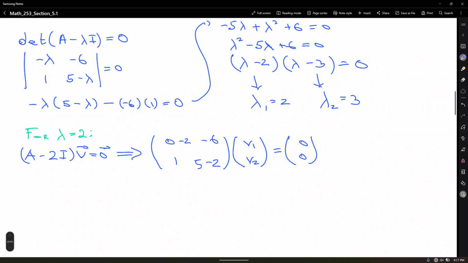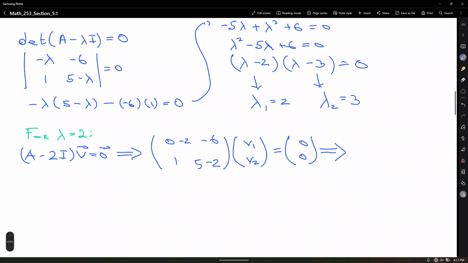Let me simplify this. Do you guys agree that this is really a system of equations in matrix form? Multiplying it out gives you some number times v1 plus some number times v2 equals 0, and then a second equation, some number times v1 plus another number times v2 equals another number, in this case 0. To be lighter on the notation, I'm going to write this instead as an augmented matrix.